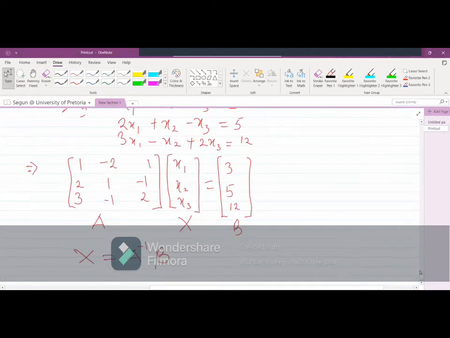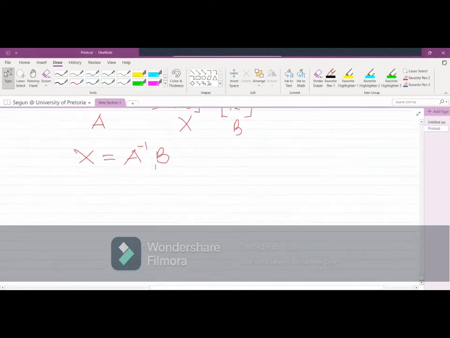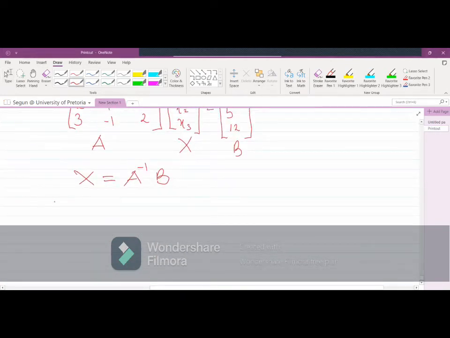So the first thing is, how do we get A inverse? For A inverse, you need the determinant of A. After that, what do we need?